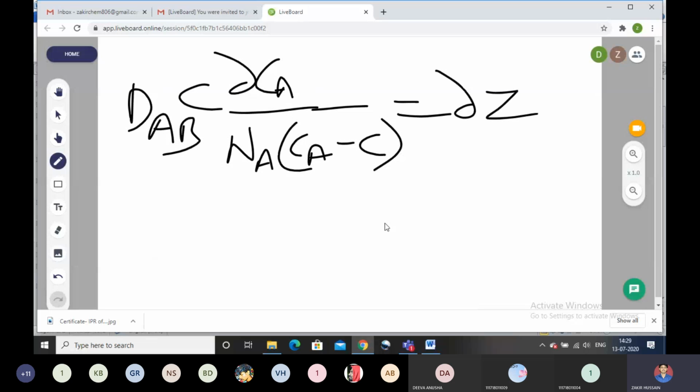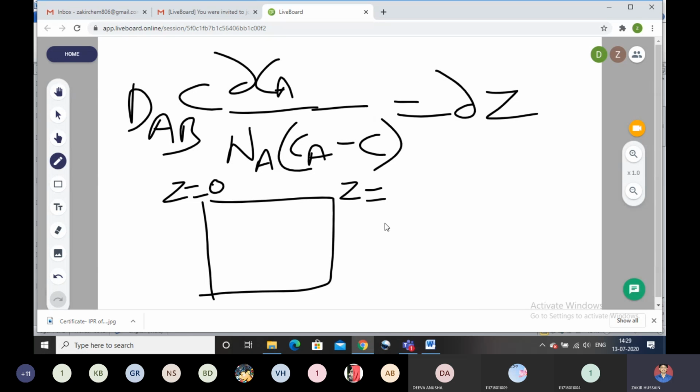Okay, now we have to define the boundary variables. In our mass transfer, the initial point is Z is equal to 0. We are considering this as the Z direction. Then throughout the mass transfer zone, Z takes some value.